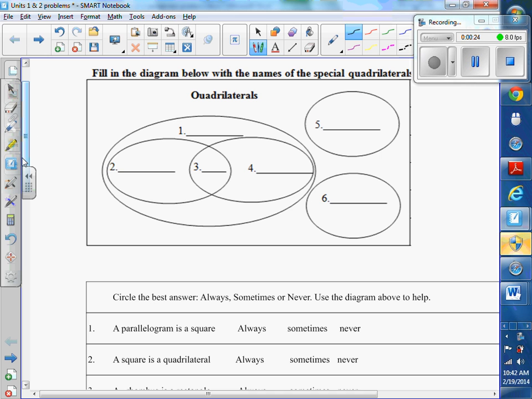But your choices of quadrilaterals, you have rectangles, and then rhombuses. What else? Squares. Right, squares. What else? Trapezoids.